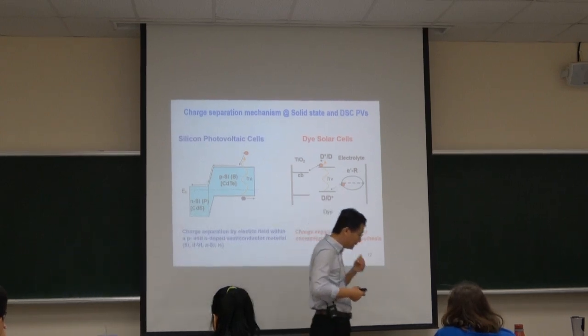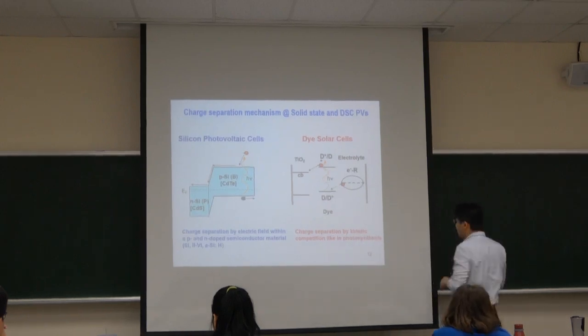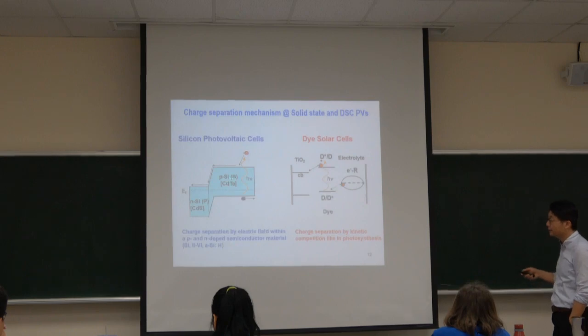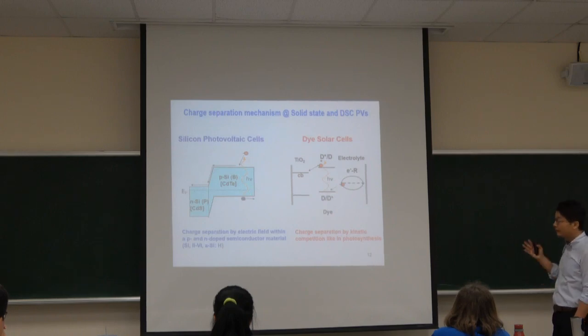So the process for the silicon solar cell is still demanding, but the advantage of silicon is that it is solid state, so it can last for a long time, at least 20 years.